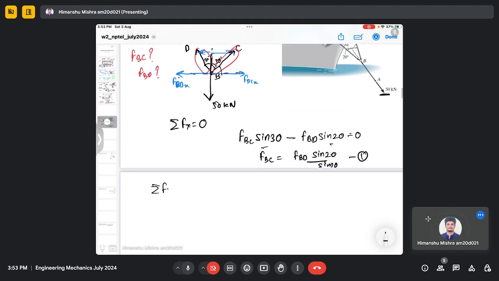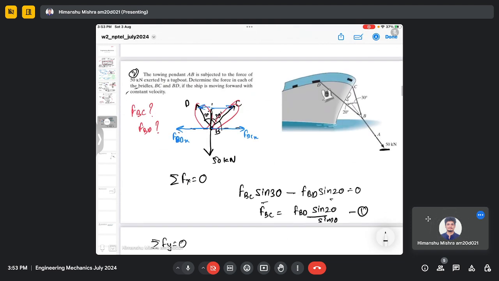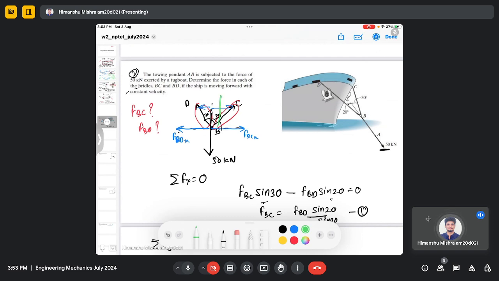Then if I make the summation of force in the y direction and equate it to 0, then I will have the two components of forces. Here this is FBCY, here it is FBDY, and we have this 50 kilonewton also. So we have three forces.